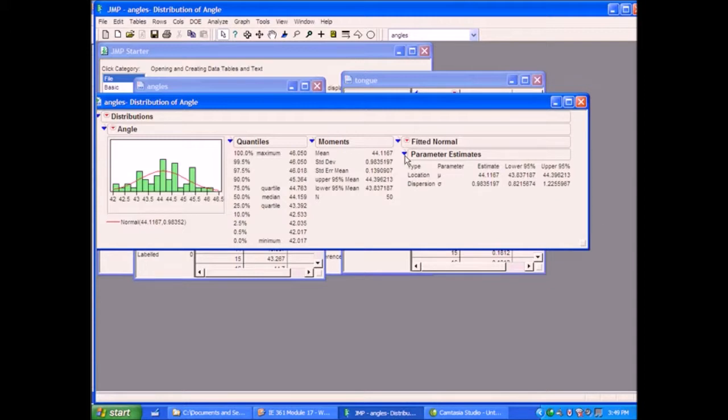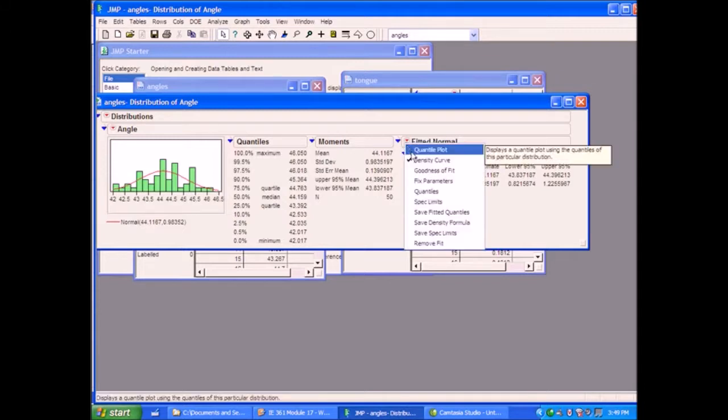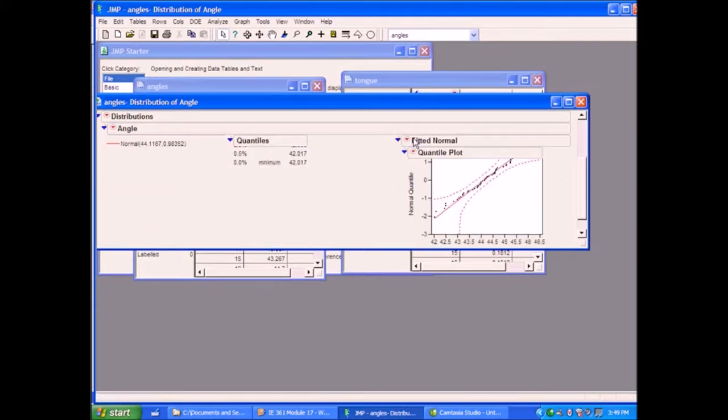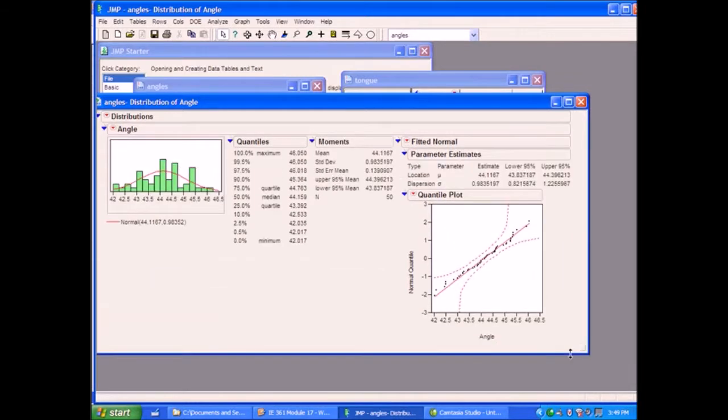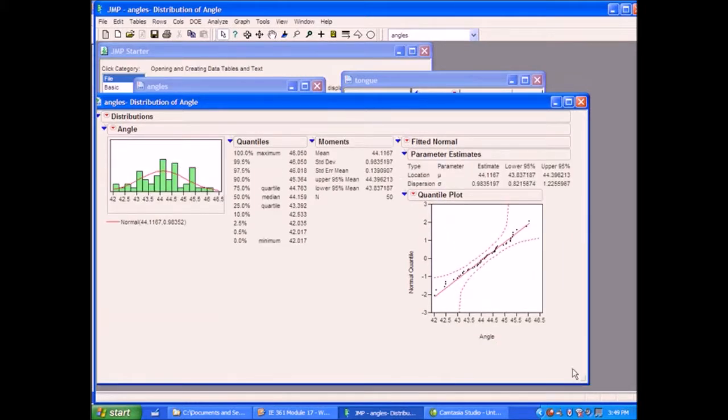And now let's put a normal probability plot on this thing. And on that normal probability plot, let's get rid of those confidence limits and the line of fit, and let's put on it instead some probability labels.